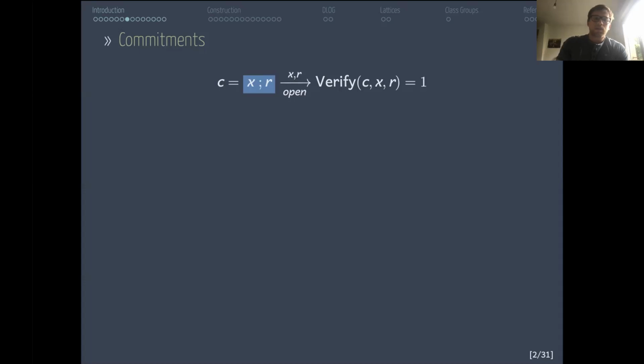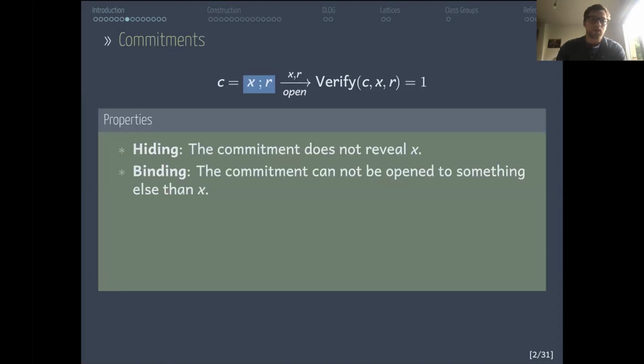And we can send an opening to a verifier. The opening consists of the message and the randomness, and then the verifier can just say, yeah, I trust you, or I don't, and this is a wrong opening.